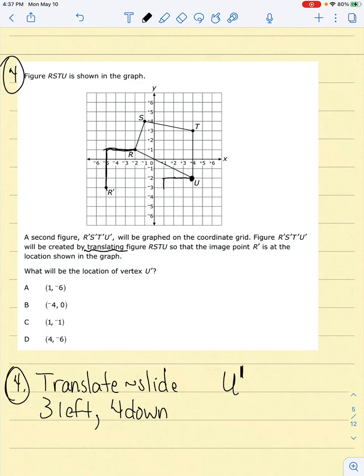And then down 4, 1, 2, 3, 4. And here's my U prime. Now I read my point. I go forward 1, down 6. So 1, -6, which is A, will be my location of U prime.